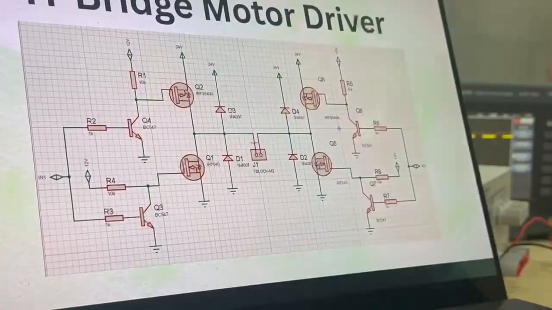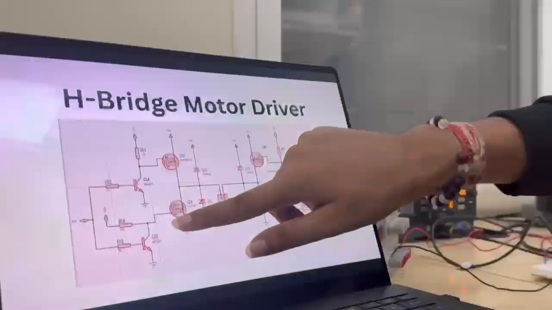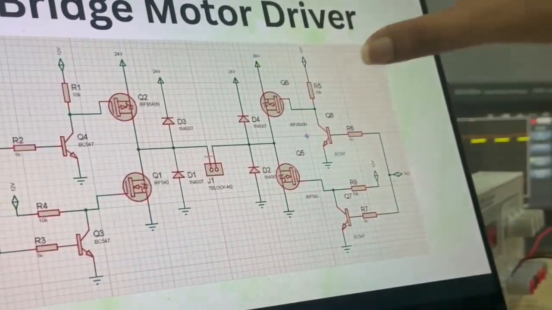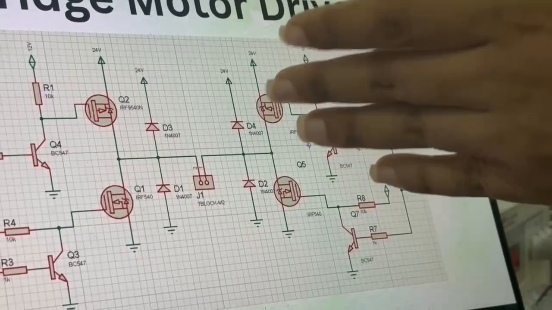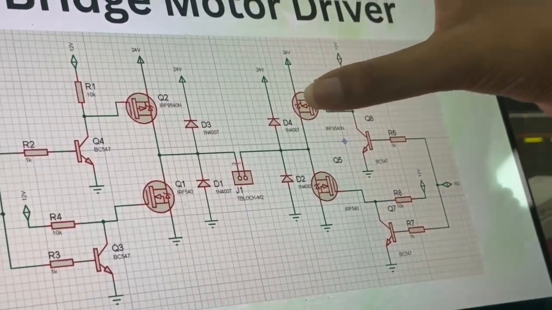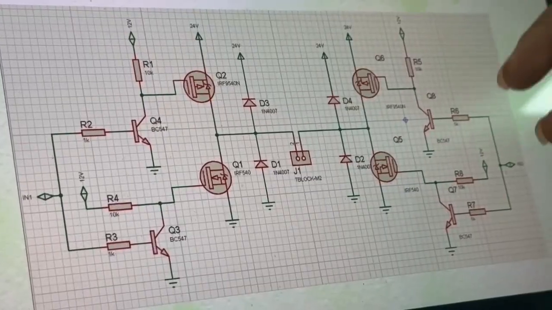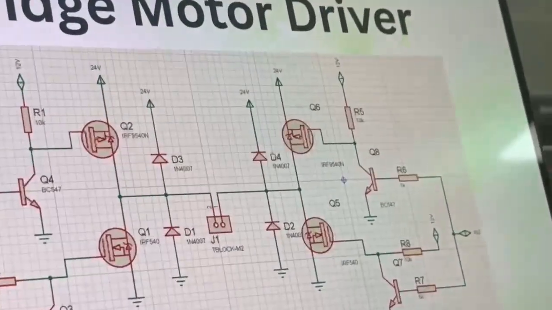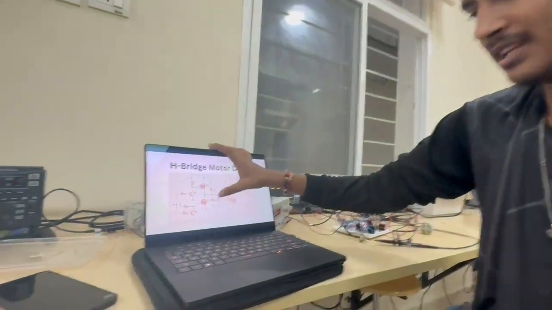That gives the direction of flow, with the motor driving over here. The diodes over here are for back EMF protection, which is very essential for a circuit. When the motors are switched off, the back EMF comes into play, and for that the diodes are placed over here.